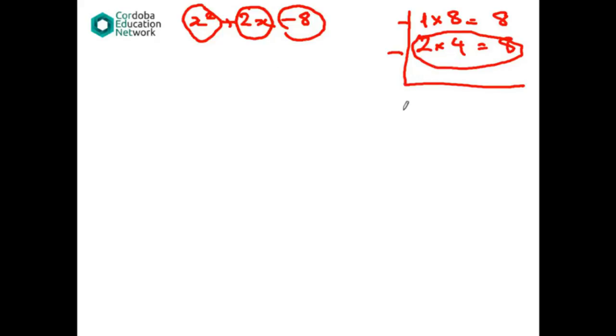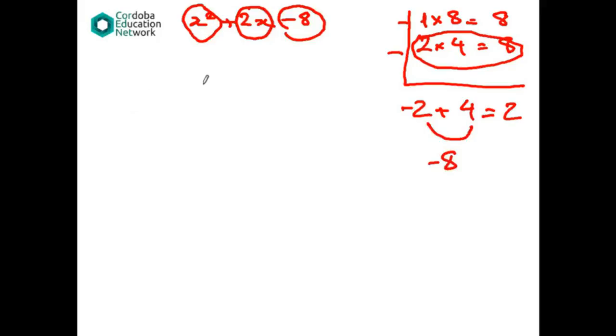Well, we could try minus 2 plus 4, which would give us 2, which is what we want here. And also notice the sign before the 8 is a negative sign. So if we multiply these two together, we get minus 8, which is exactly what we want.